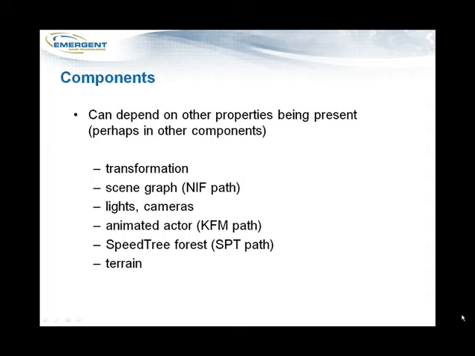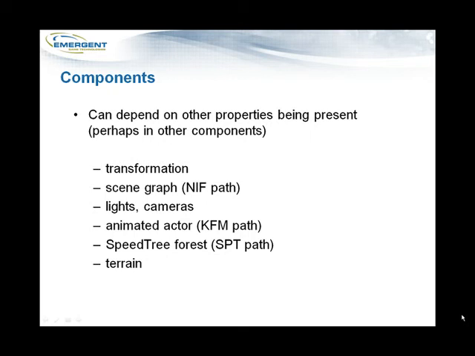A path to an SPT file, which, if you have SpeedTree, can be loaded to give you a SpeedTree forest. A path to a terrain object, which will give you landforms in Gamebryo. An entity can have any subset of these or other components, including components that your game creates.